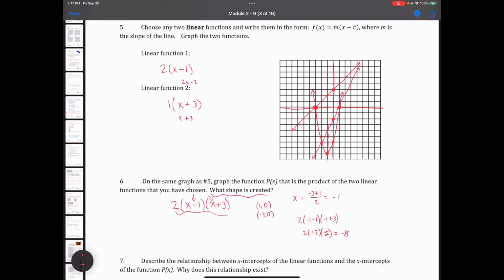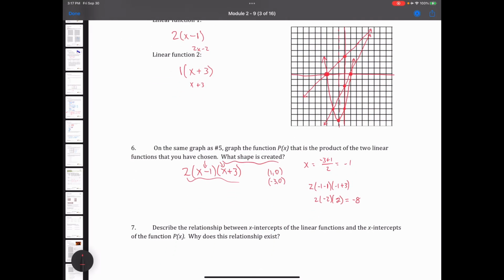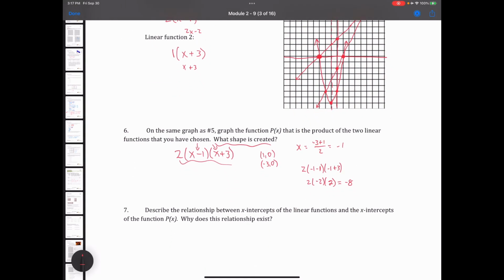So the x-intercepts of the parabola are actually also the x-intercepts of those two linear factors of my quadratic function. So if I describe the relationship between the x-intercepts of the linear function and the x-intercepts of the function p of x, which is this second one down here, what could I determine?